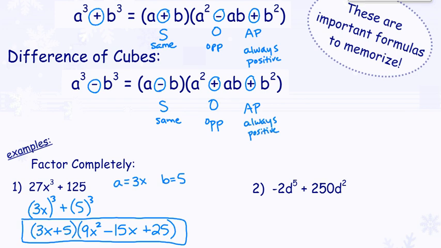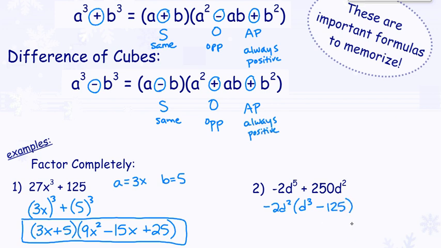So when you look at both of these terms, what could you factor out of both? And I would say negative 2d squared would be a wise thing to try. If you factor negative 2d squared out of the first one, you have d cubed left. And then because you factored out the negative, you have minus. And then from factoring negative 2d squared out of the second one, you have 125.